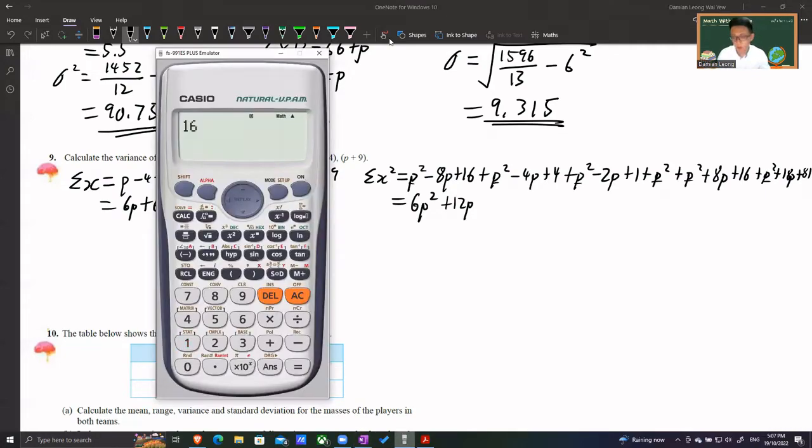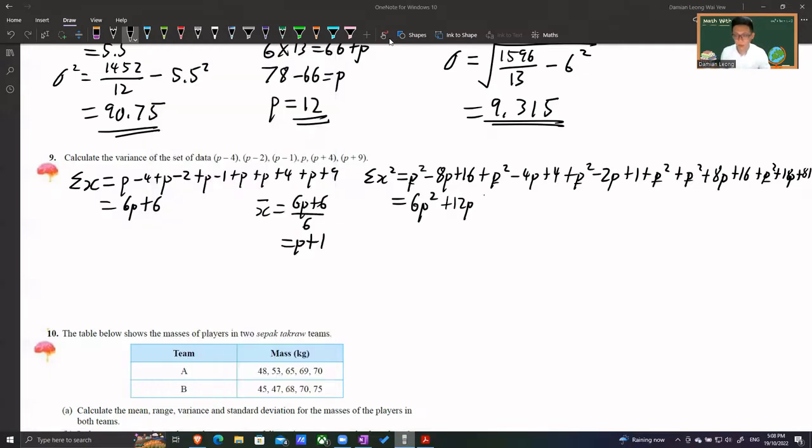Then positive 16, plus 4, plus 1, plus 16, plus 81, 118.